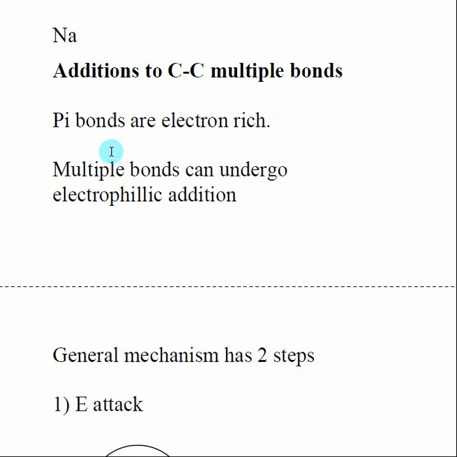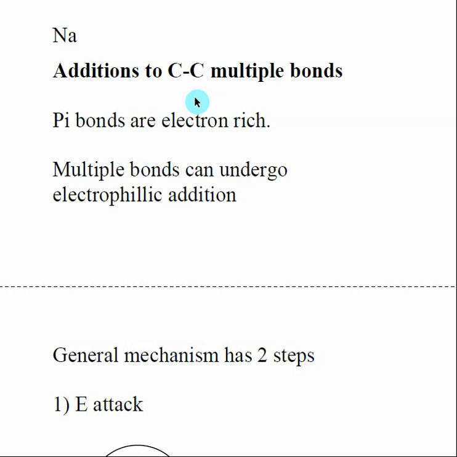The first bond is a sigma bond, the second bond is a pi bond, and then the third bond is also a pi bond. So multiple bonds have pi bonds inside of them, and pi bonds are electron rich. So just think about double bonds and triple bonds as having a lot of extra electrons. And so you can kind of see that, I have more than the one line that I need to connect these things.